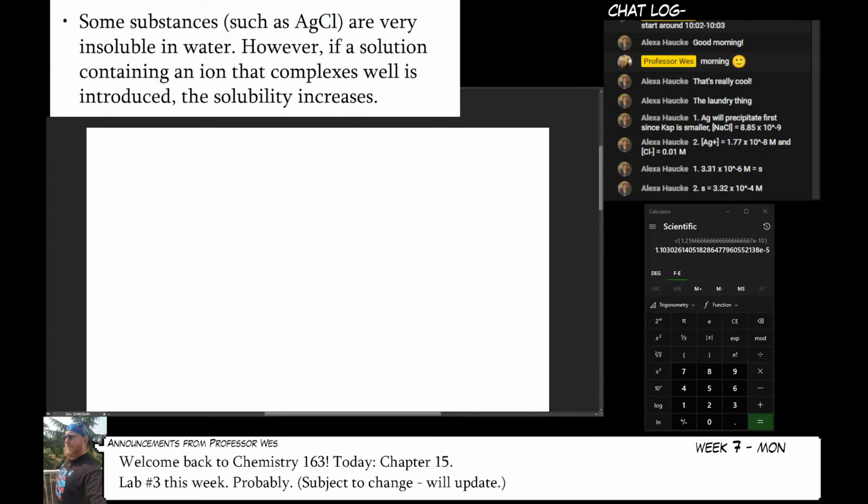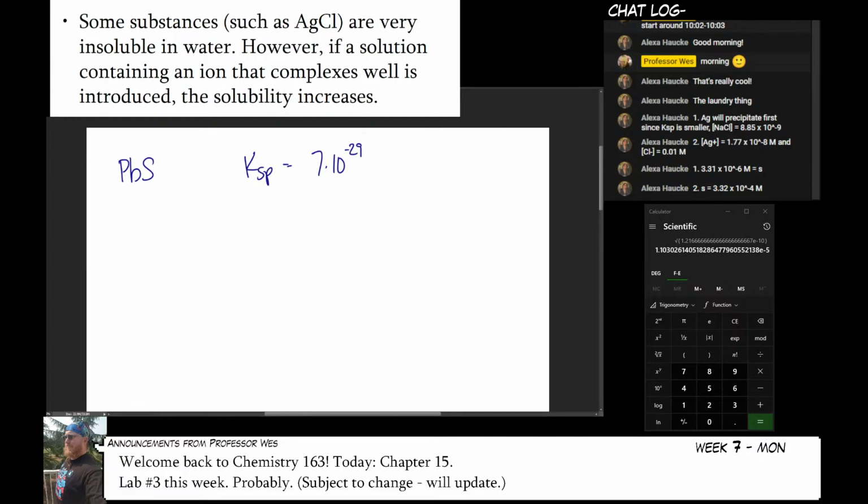Okay, that'll work. So Ksp for this is 7 times 10 to the minus 29. So this is essentially super insoluble, right?